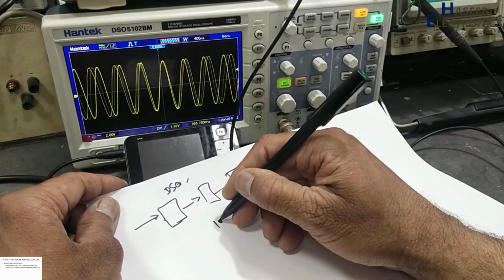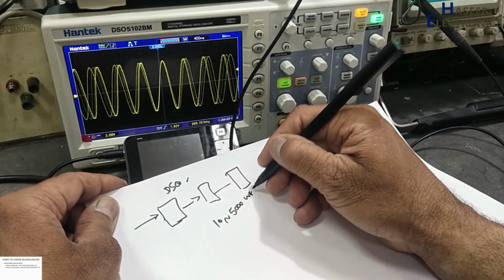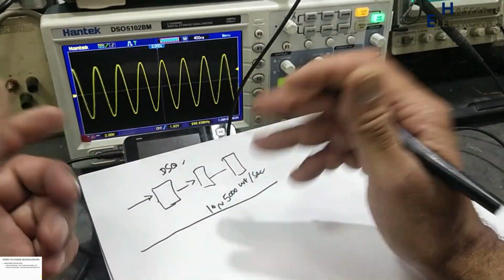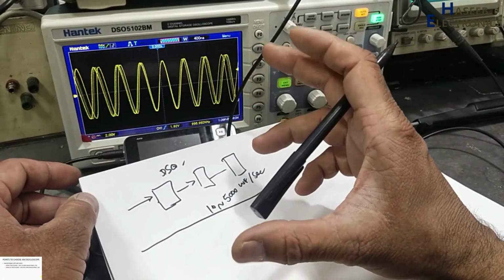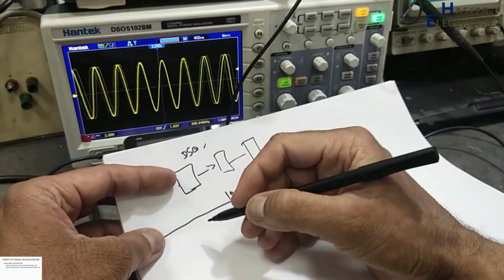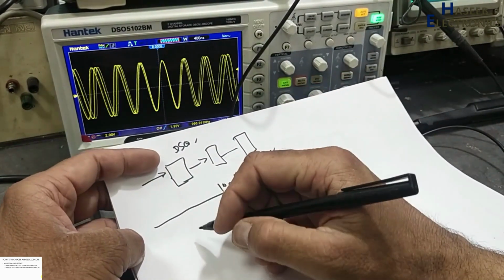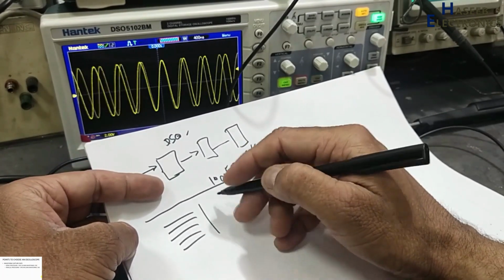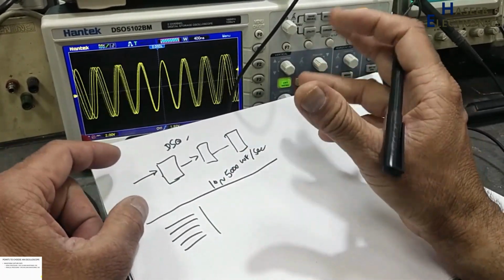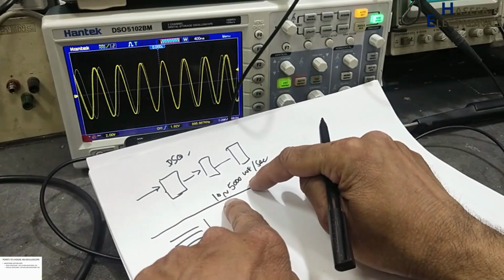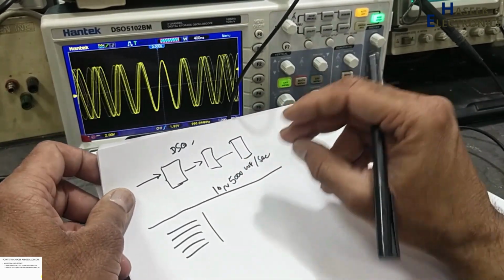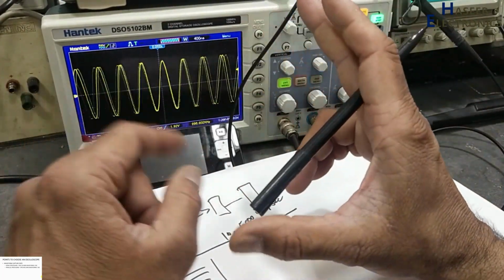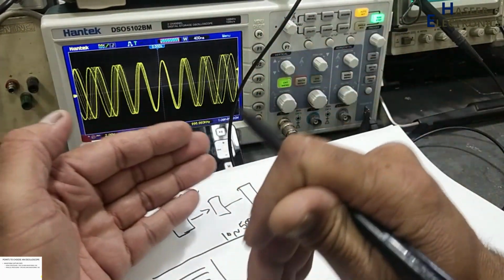It can take 10 to 5000 waveforms per second. If you are selecting a parallel processing system, that is most of the time in DPO, digital phosphor oscilloscopes, which have parallel sampling and can take millions of waveforms per second. So DPO is faster. When DPO is faster, its price is high.